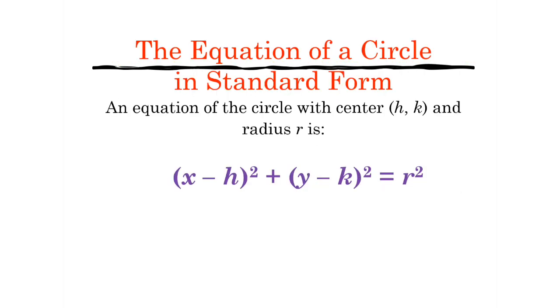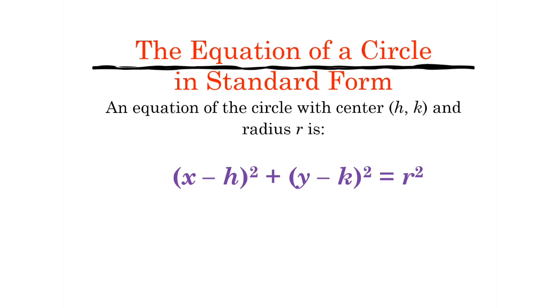So basically all we did is we changed the left side and the right side of the equation and nothing will happen there. Nothing will affect that. We simply rearranged it. So basically, the equation of a circle in standard form is represented by this equation given that your center is (h, k) and your radius is r.